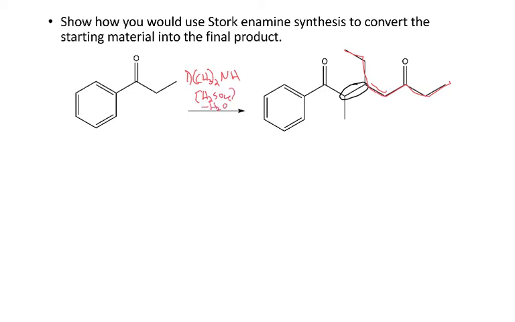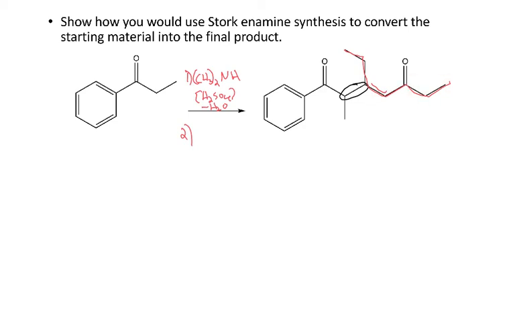So in this first step, I'm going to convert my carbonyl compound into the enamine. I then want to react this with the Michael acceptor that I've identified. And so this is going to be 1, 2, 3, 4, 5, 6, 7.